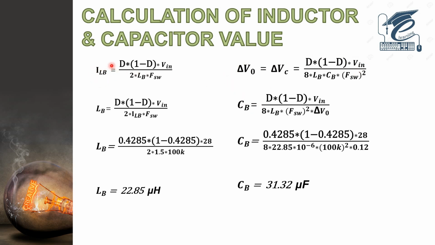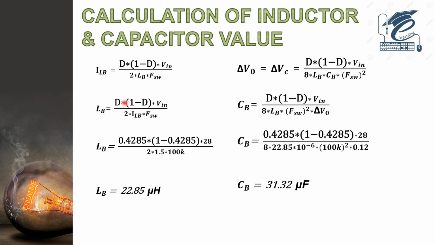The inductor current at boundary is given by D multiplied by (1 minus D), multiplied by V in, that is input voltage, whole divided by 2 times inductor value, that is the inductor value at the boundary, multiplied by switching frequency.